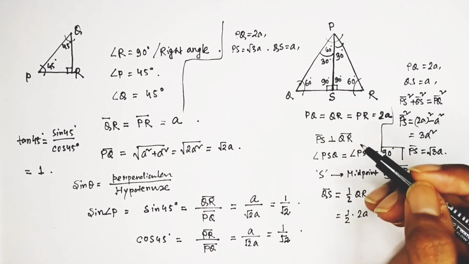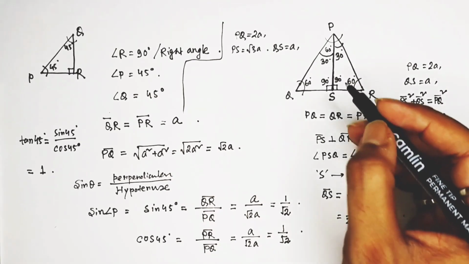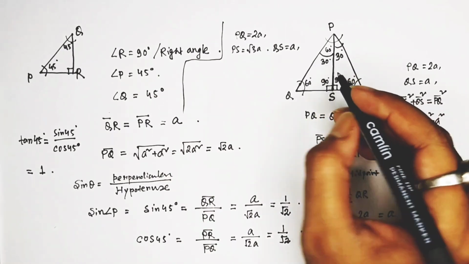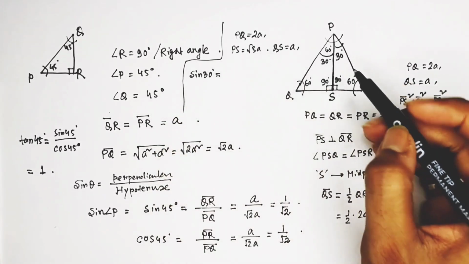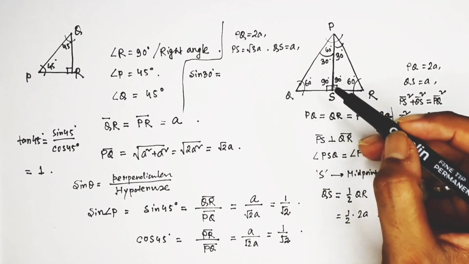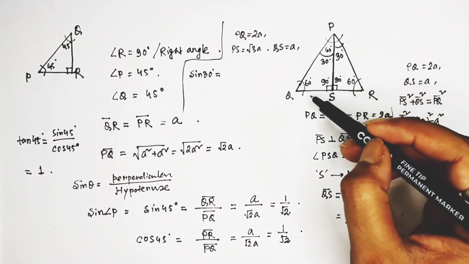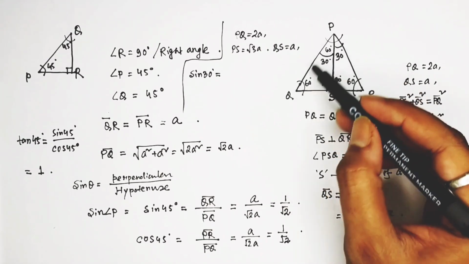If we calculate the T ratios with respect to angle 30 degrees, then sine 30 is equal to perpendicular by hypotenuse. Here, with respect to angle 30, perpendicular is QS and hypotenuse is PQ.